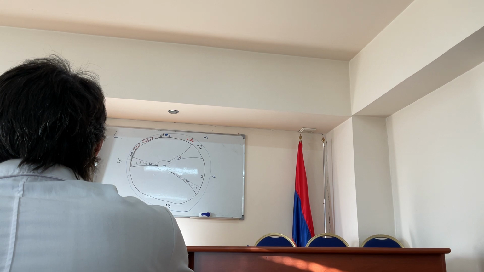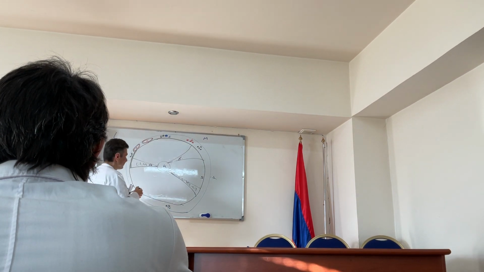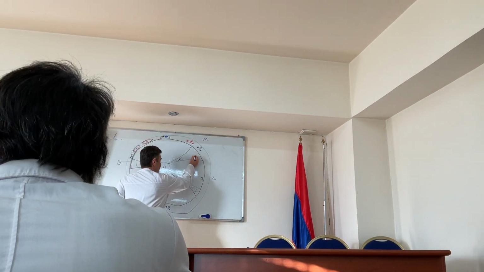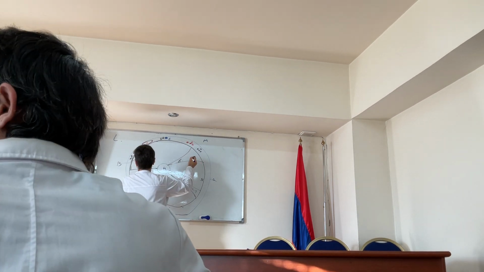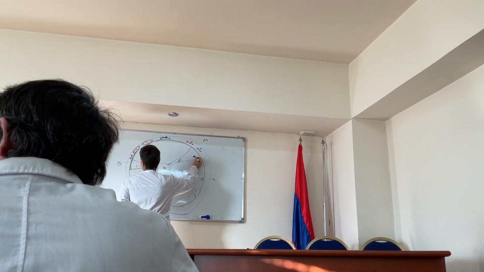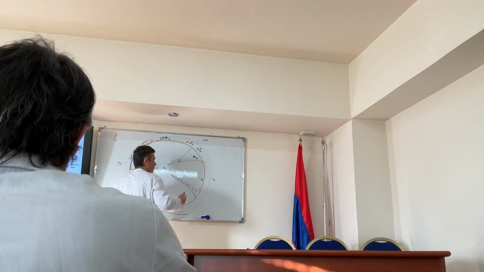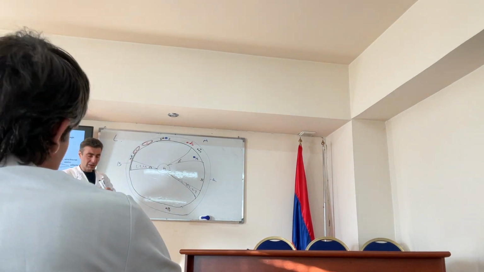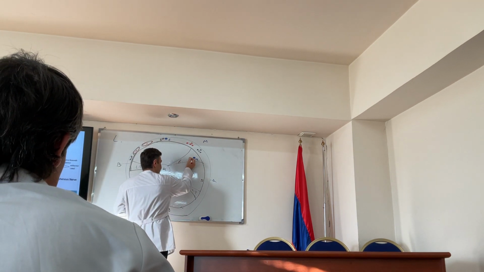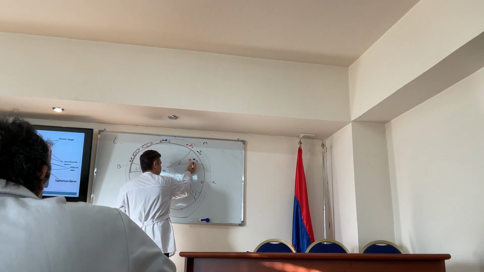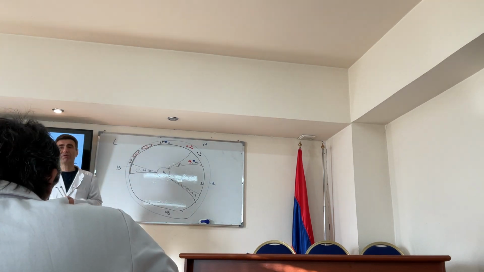Let's draw it together. Now look, please, here. Medially, I put the blue point. It is structure number 14 in our picture, the femoral vein. Laterally, I put the red point. It is structure number 15 in our picture, which we call the femoral artery.